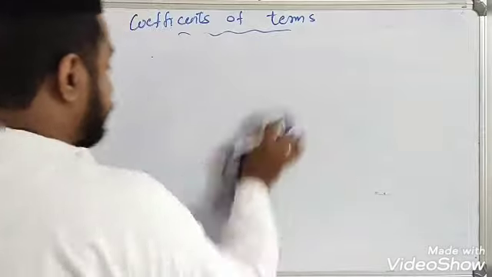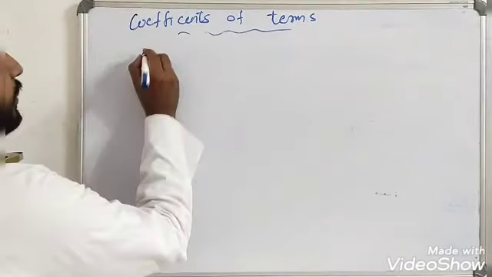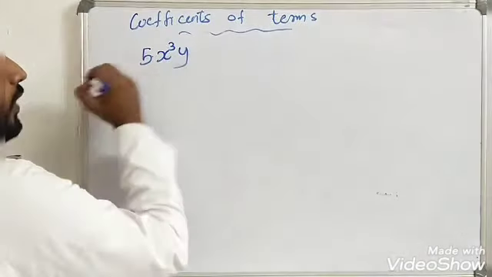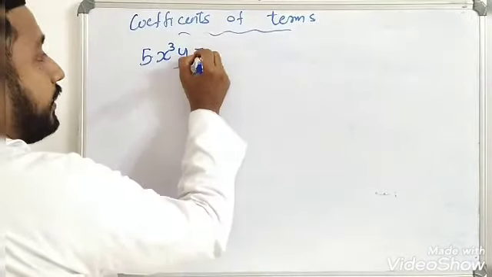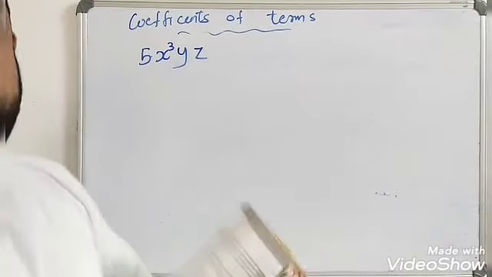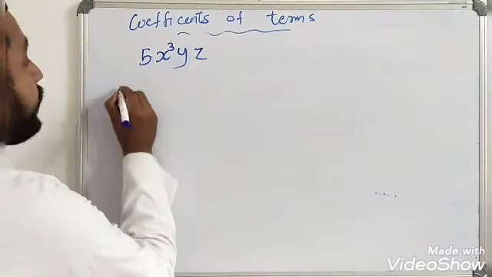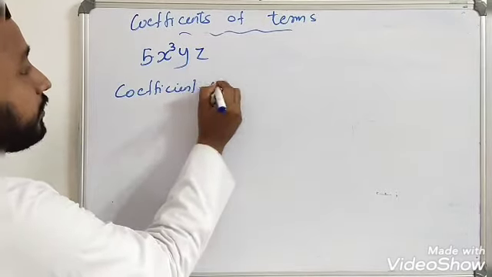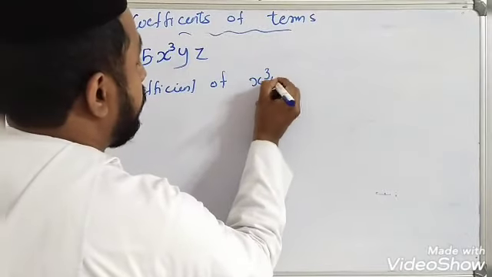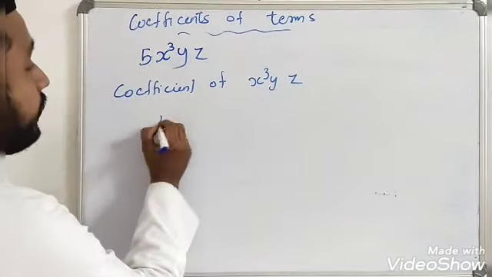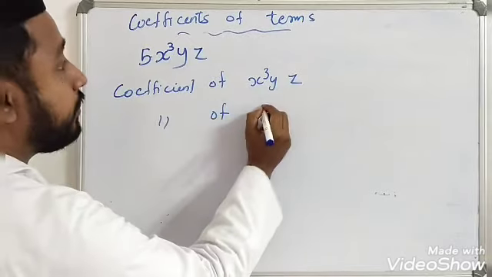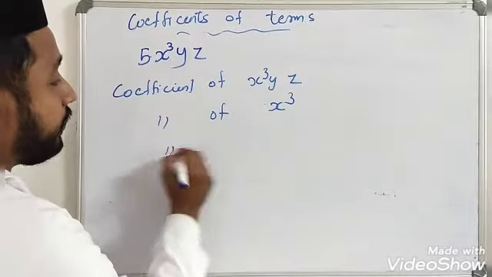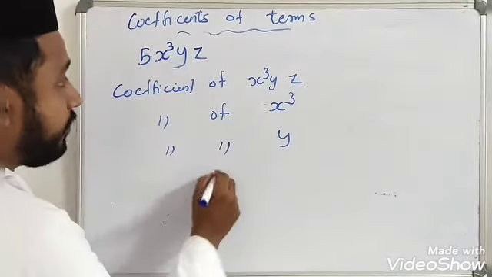Let us write one example, 5x cube yz. What is the coefficient of x cube, the coefficient of y, the coefficient of z?